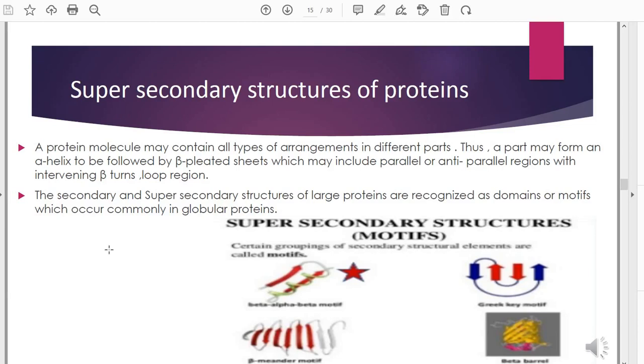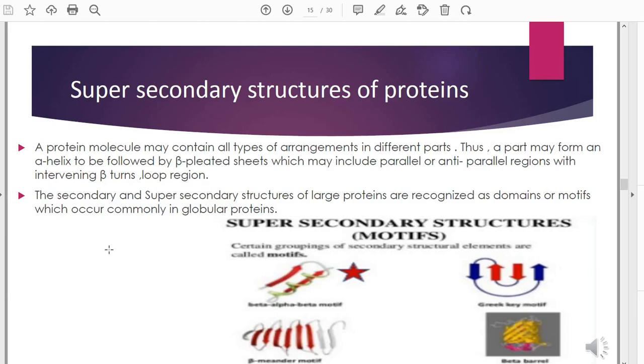The second, also on the left down, is the beta meander motif. Meander means zigzag-like. It's twisted. It's formed of beta pleated sheets and beta bends.